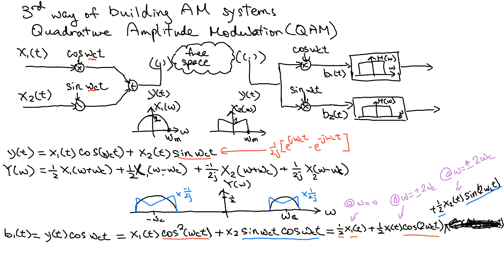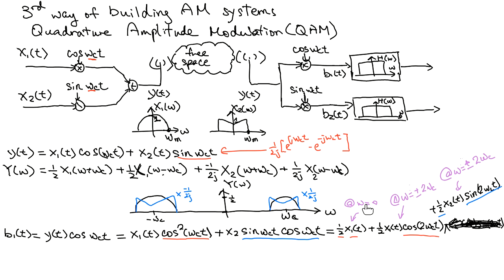I could have drawn the spectrum and then illustrated it more clearly, but I'm hoping that we are comfortable enough that we can just discuss and reason it out. If I want to look at the spectrum of B1, B1 has 3 terms. This term should be centered around 0.